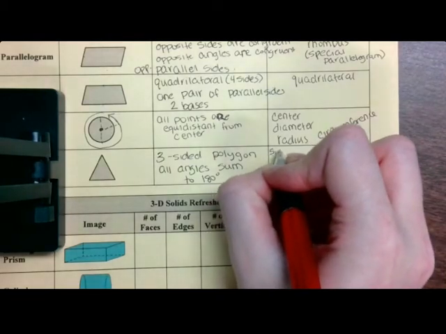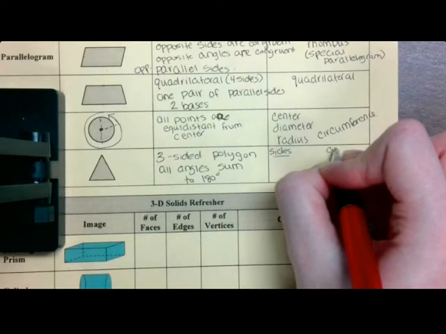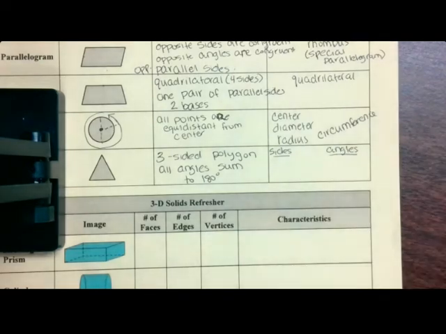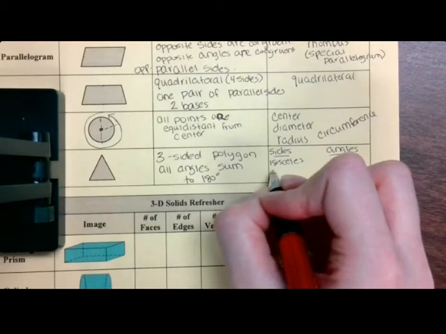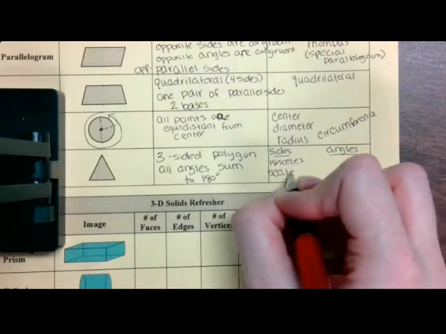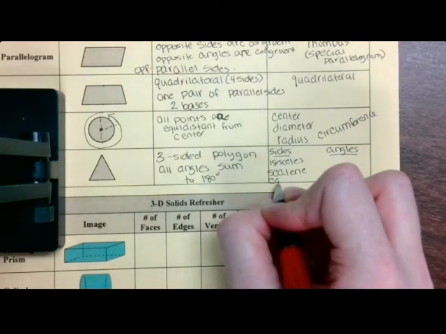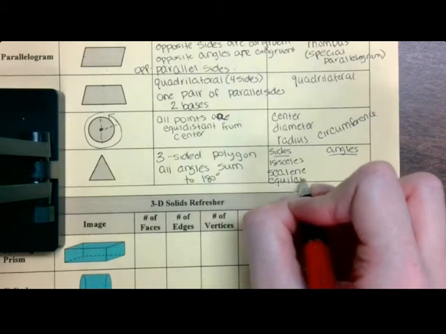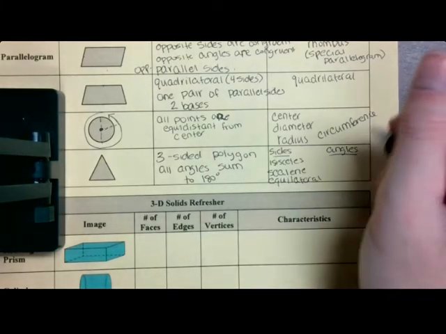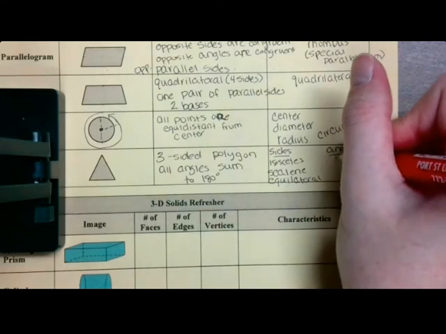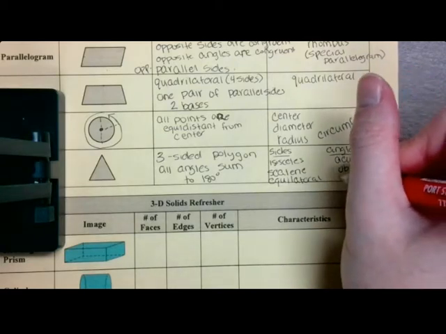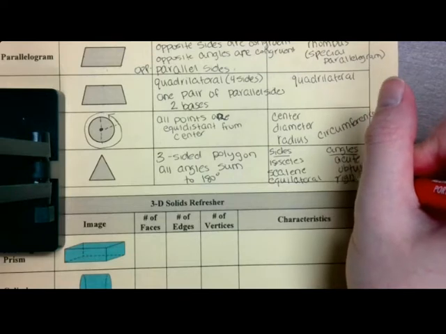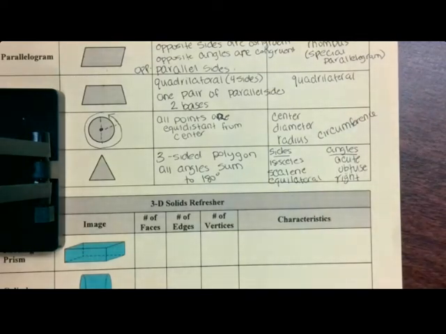And then the two ways that you can look at a triangle is either by its sides or by its angles. So the options are isosceles, which means two sides are congruent, scalene, no sides are congruent, or equilateral, which means all sides are congruent. Okay? Angles are acute, obtuse, or right. Okay? If you want to get fancy, there's also a fourth one called equiangular, but that's okay. All right?